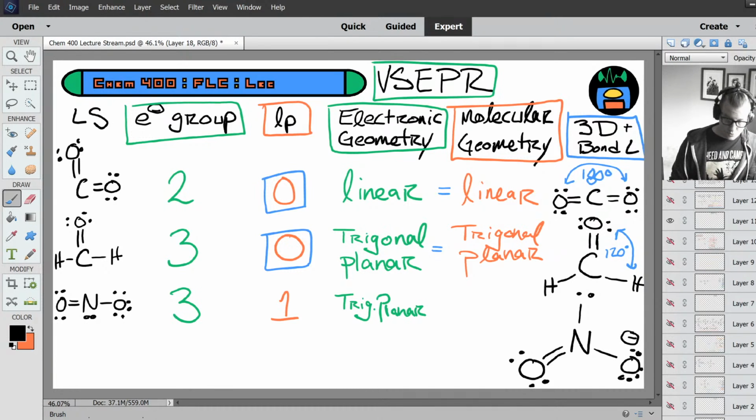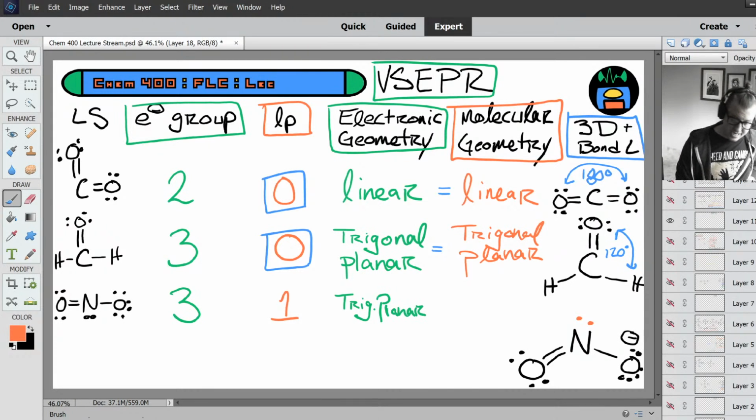Now, so we've put all our groups on. We know our electronic geometry. Now we have to figure out our molecular geometry. And remember, molecular geometry is the shape that only the atoms make. So what I'm going to do to my central atom is take my lone pair electron group and just turn that into a pair of dots around my central atom. Because I'm just looking at the shape that these 3 atoms make.